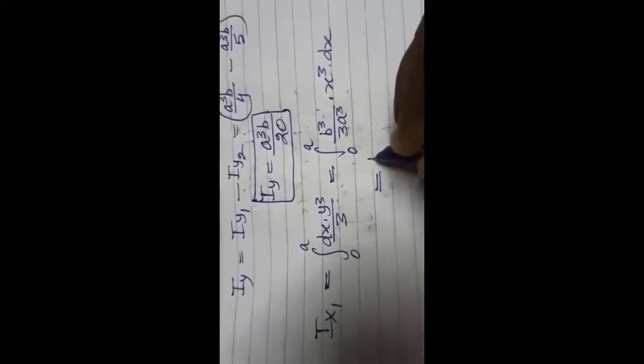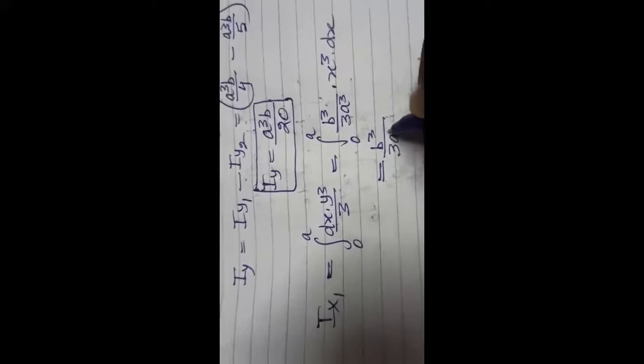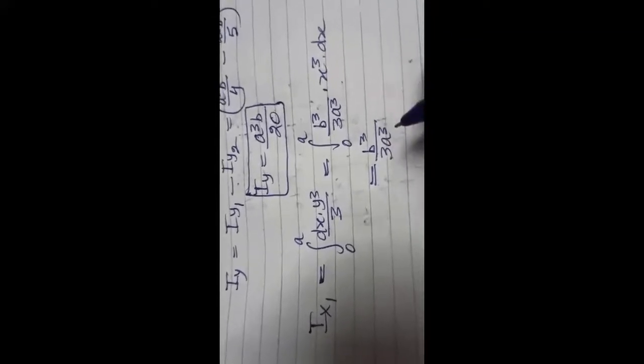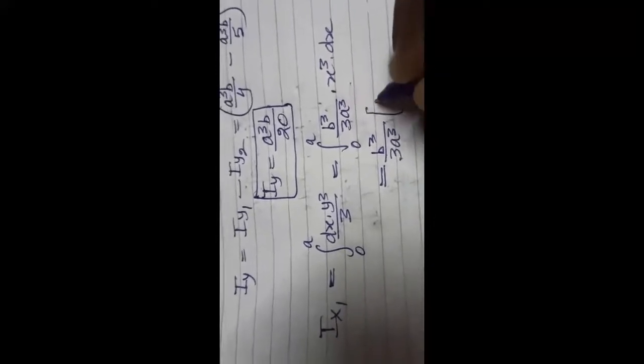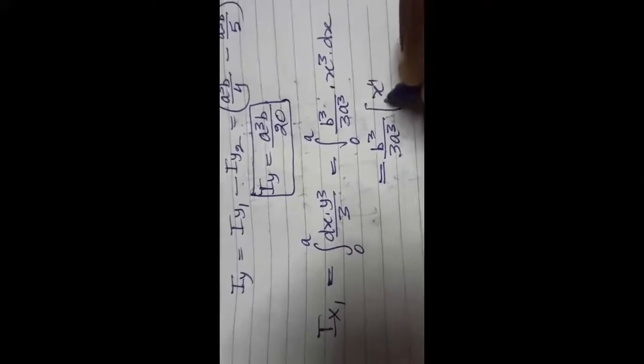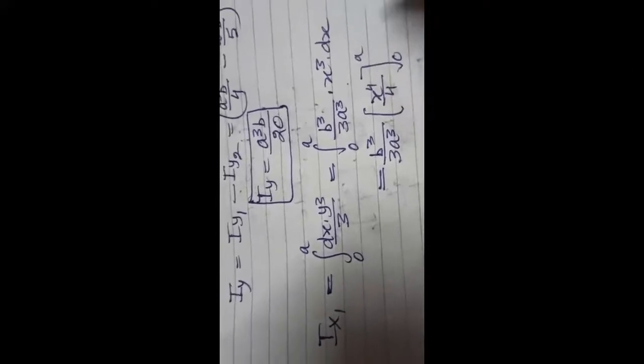Like this, b³/(3a³) is constant and the integration of x³ is x⁴/4 with limits 0 to a.